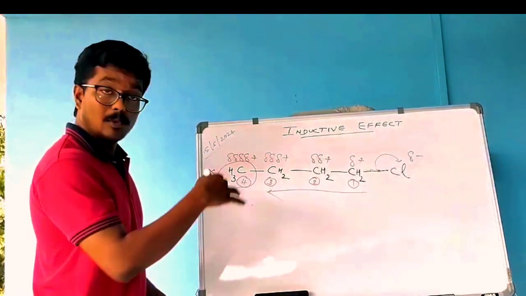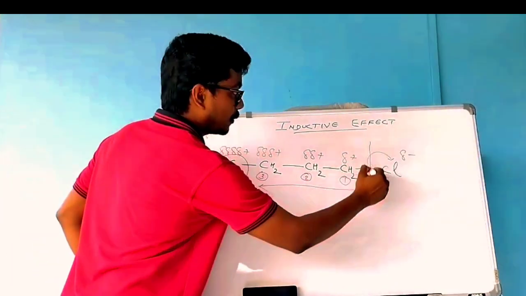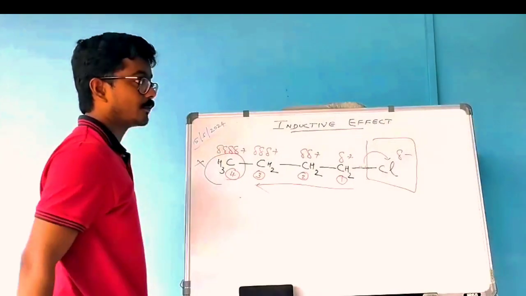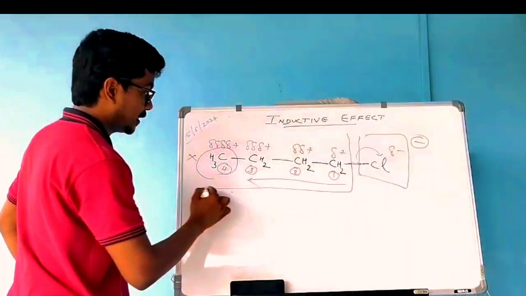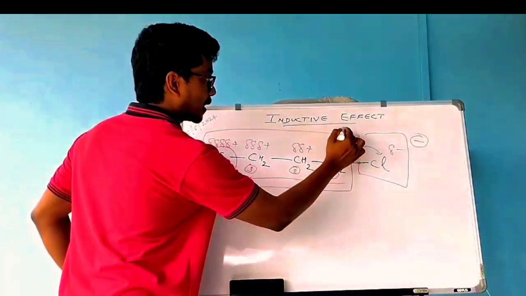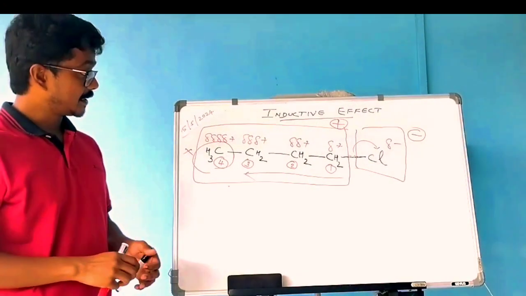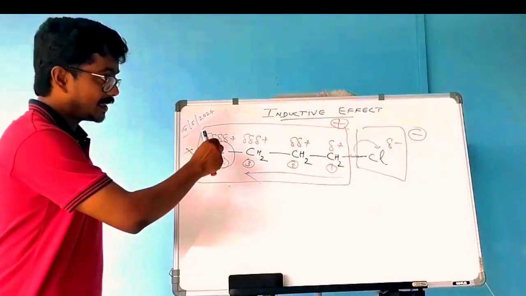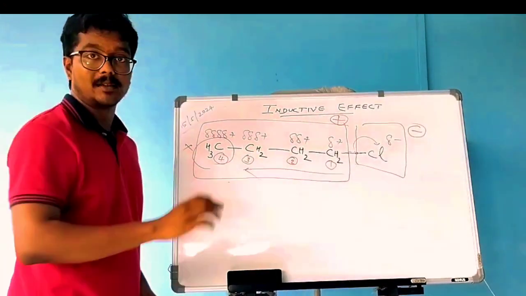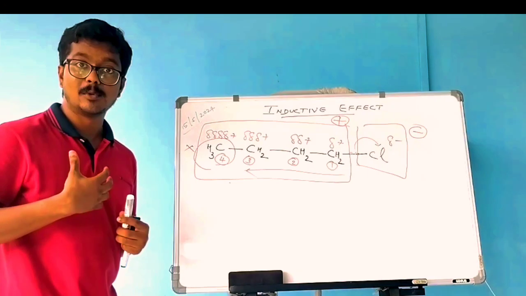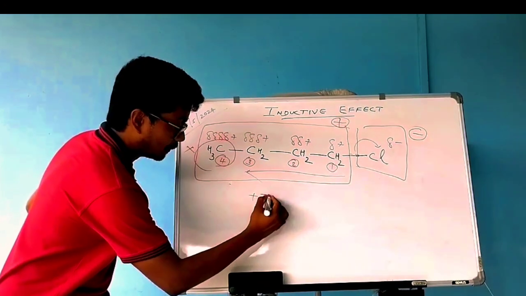As a result of this movement of electrons towards the electronegative chlorine atom, the chlorine atom will get a negative charge and this carbon group will get a positive charge. So we can say that the group from which electrons are moving away is known as a plus I group.